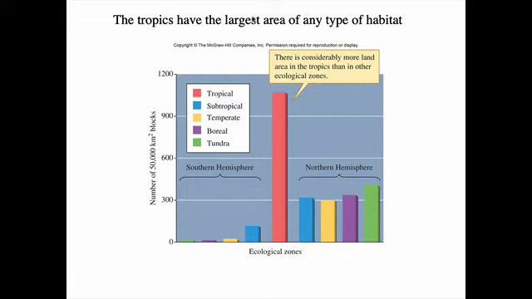So here are the areas of subtropical in the northern and southern hemispheres, the temperate, the boreal, which is the taiga, the conifer forest, and the Arctic and Antarctic regions. And notice that there's a skew. The northern hemisphere has way more area than the southern. So it's not like this lower area here is made up for by an equal area down here. There really are huge differences in area.